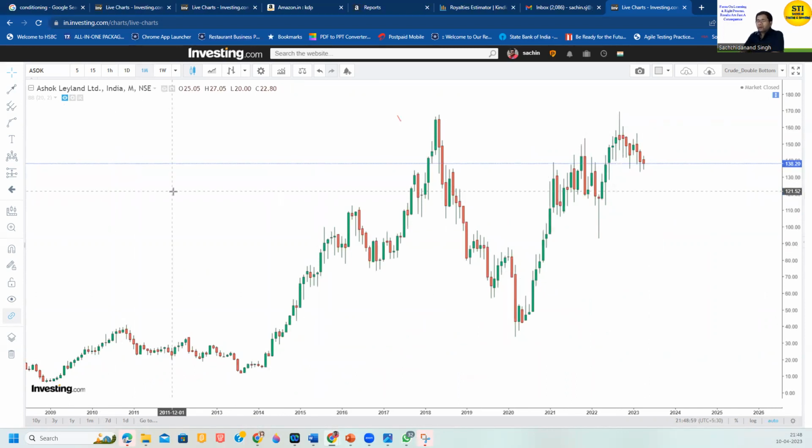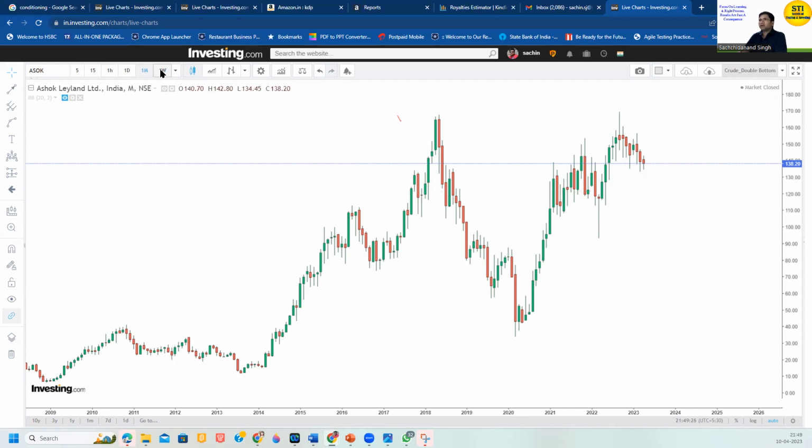Why it is important to know the various kinds of chart formation is that, if it is in our mind, then depending on the chart we are looking at, it will strike us that yes, this particular chart formation is happening, and based on that you can be well prepared to take a trade or make the investment, or even if you have already invested, you can consider exiting.